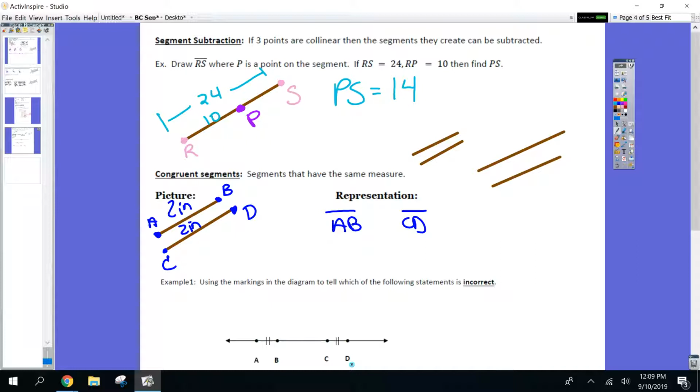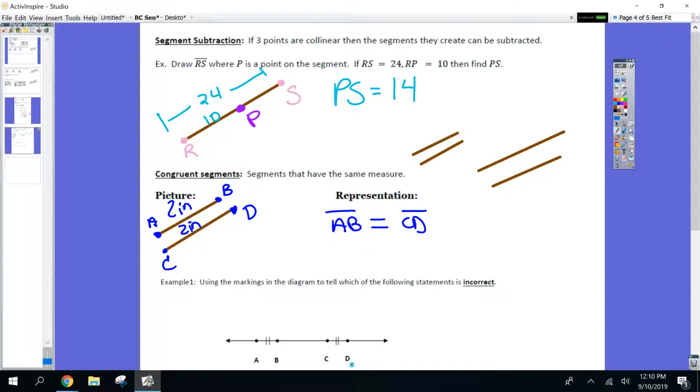Anybody know the congruent symbol in the mathematical world? Isn't that the equal sign? Oh, so it also represents congruent. That's part of it. But you're missing something. Riley? The squiggly. Oh, that hurts my heart so much when kids say squiggly in math.